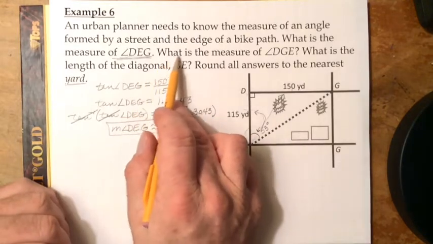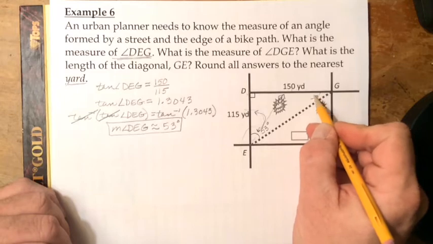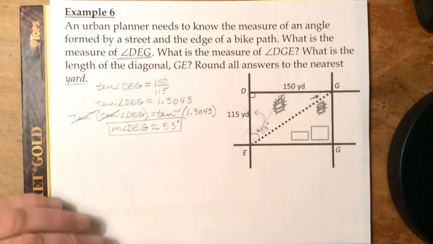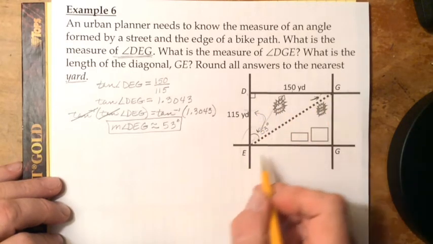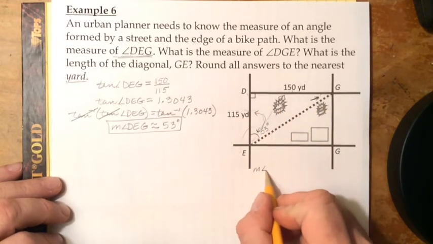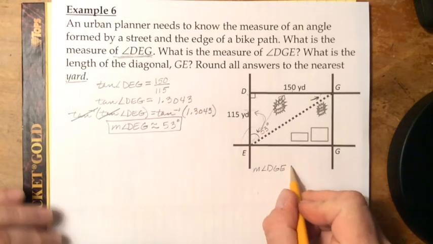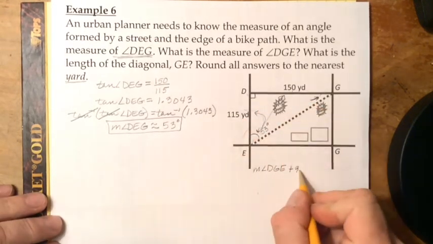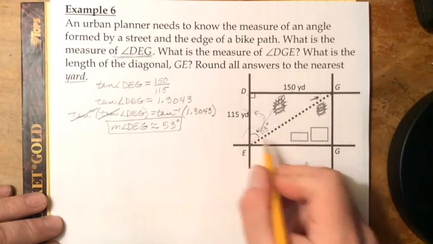Now for this next angle, what is the measure of angle DGE, this one right here? Well, this one's going to be real easy because we can use triangle angle sum theorem. We've got two of the three angles. So we have the measure of angle DGE, and I'm going to add that to 90 degrees, plus the one we've already found.